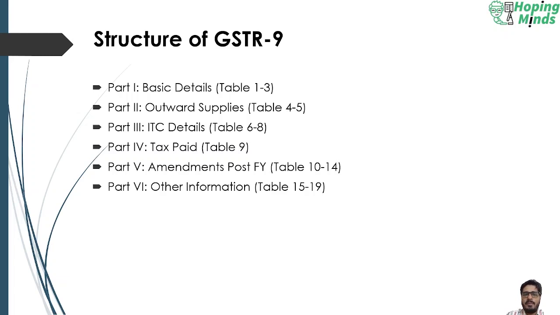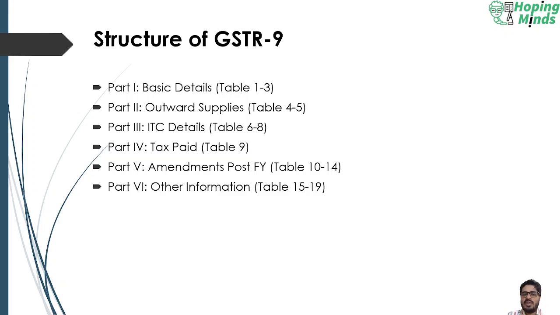Then part 3 contains input tax credit details. So tables 6, 7 and 8, these tables contains the details related to input tax credit. So what are the input tax credits availed from GSTR 3B? It gets auto populated, and also it contains the reversal and ineligible input tax credit details.